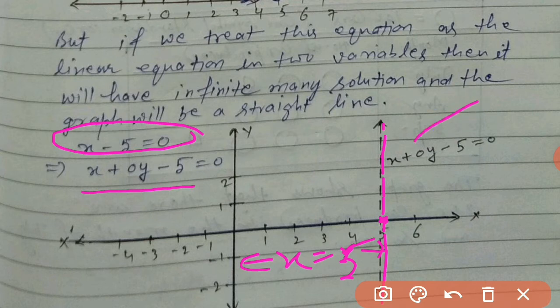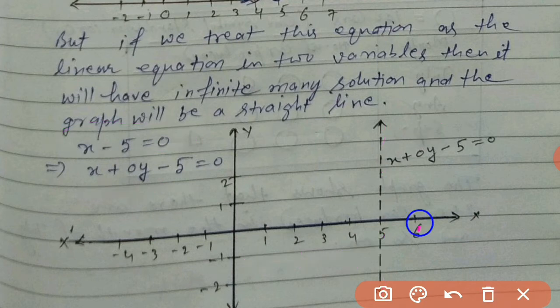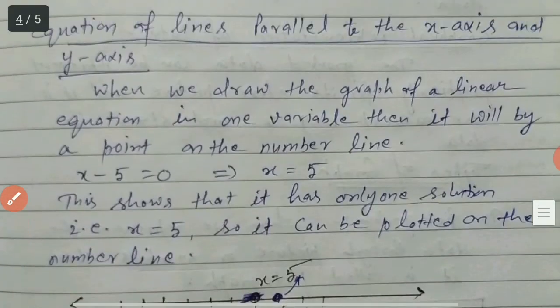So this graph is the graph of x minus 5 equal to 0 in two variables.